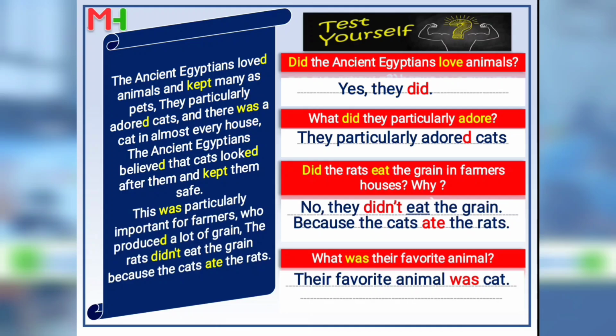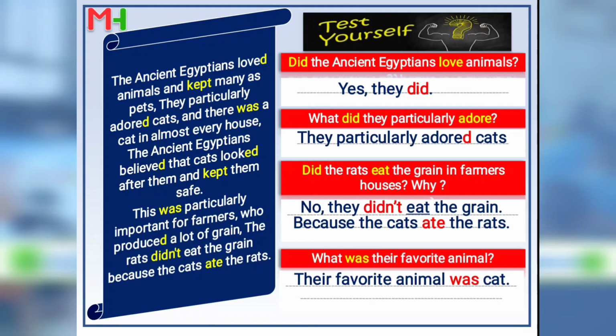And when we want to put irregular verbs in the second form to express about past, we must memorize it. We have examples here about irregular verbs like verb keep in the second form kept, and we have the verb eat, ate, and regular verbs like love, loved, adore, adored, and produce, produced.